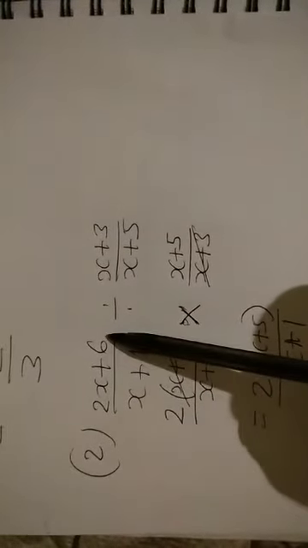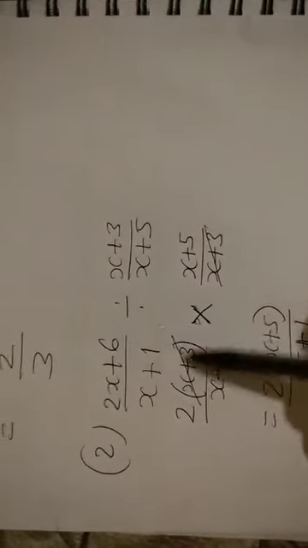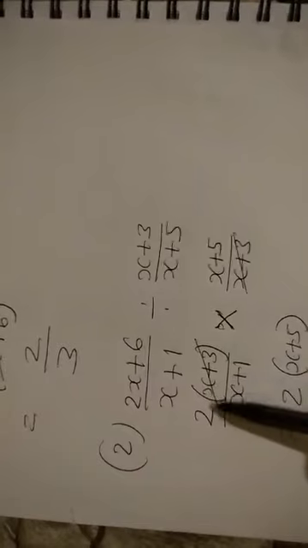Let me repeat again. So if you can see, we factorized 2x plus 6. And then we rewrote everything as it was before. And what we did after that, we realized that this was x plus 3. And then this was x plus 5. And then, of course, remember that when you introduce the multiplication sign, then positions are exchanged.